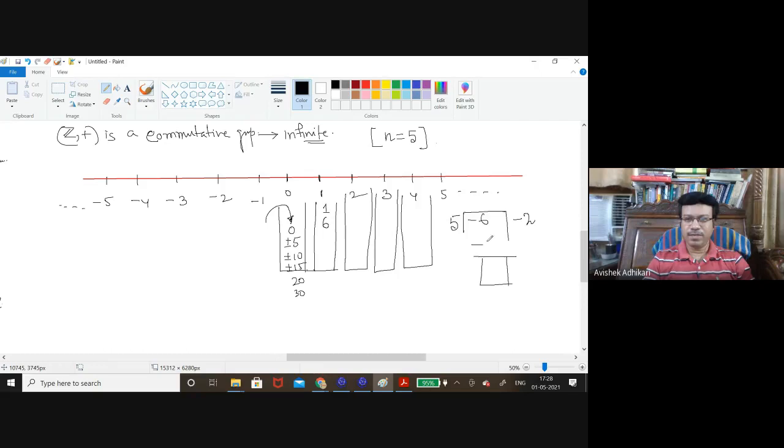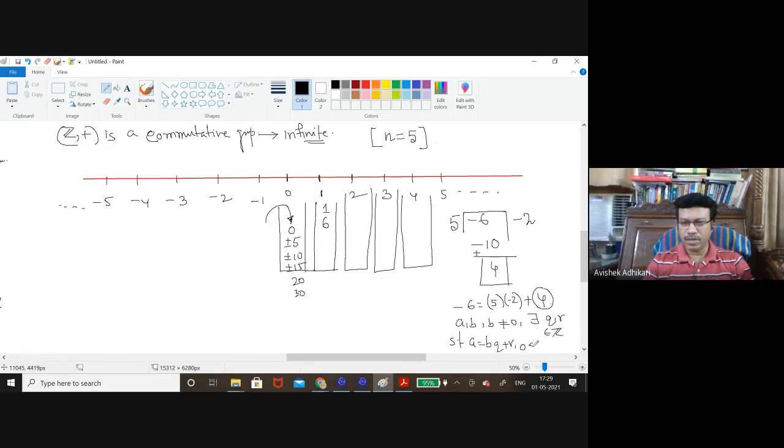Tell me. If I divide by 5, the quotient will be -2 and the remainder will be 4. So this will be minus 10, so this will be plus, and that becomes 4. Yes. So minus 6 will be written as 5 into minus 2 plus 4. Mind that if I have a and b, two integers with b not equal to 0, then there exist quotient and remainder in Z such that if I divide a by b, then a can be written as bq plus r.